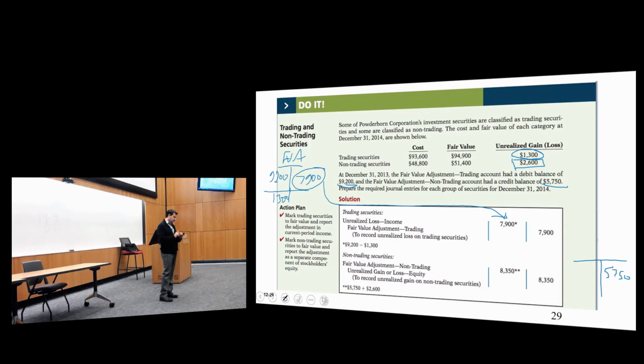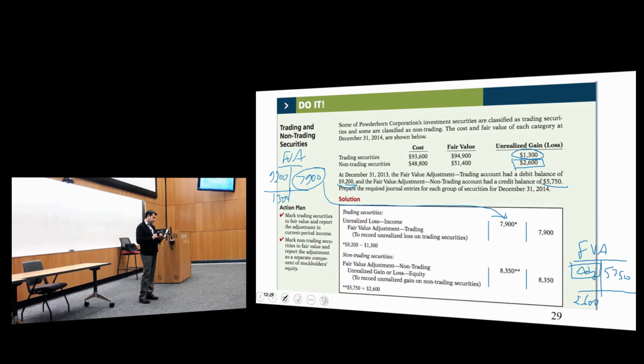Here again we're looking at fair value adjustment. It's supposed to have a 2,600 debit balance because eventually it will be debited that amount. How do you get from a credit balance of 5,750 to 2,600? This is where you have to do the adjustment.